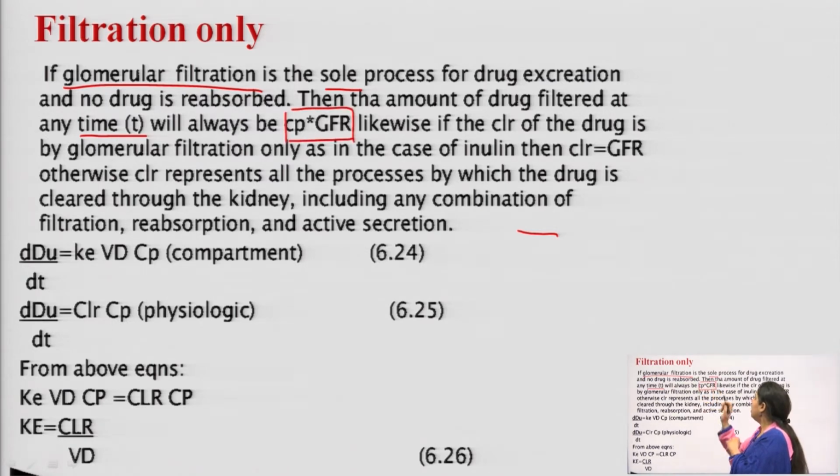That means we are taking the concentration of drug in relation to GFR only. If the CLR of the drug is by glomerular filtration only, as in the case of insulin, then clearance is equal to GFR.